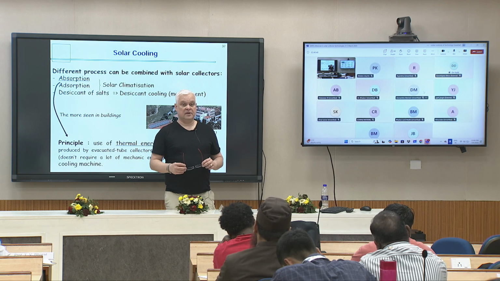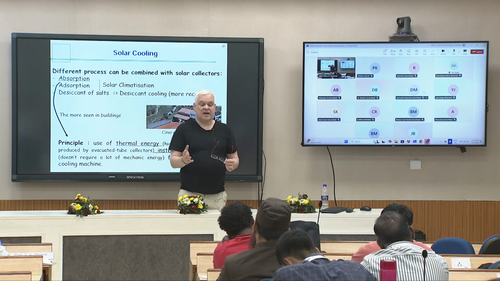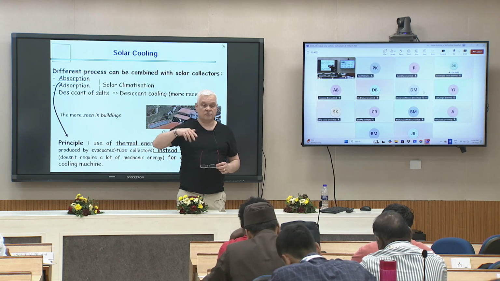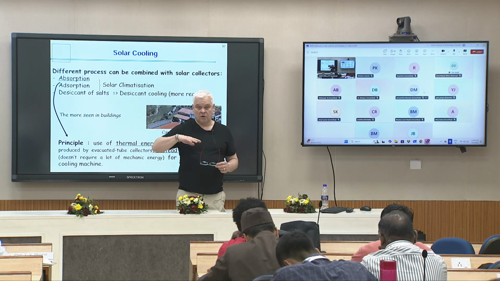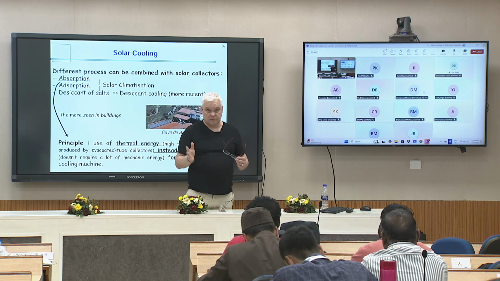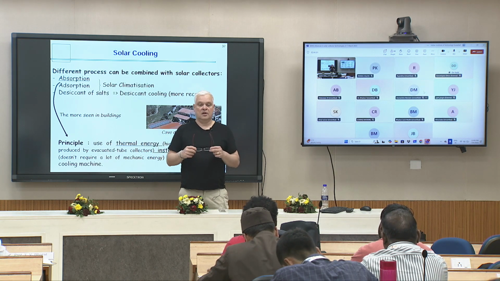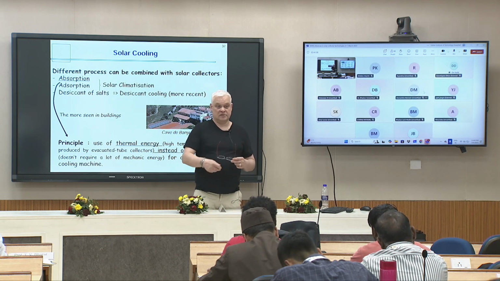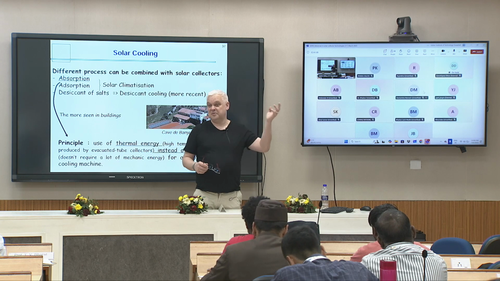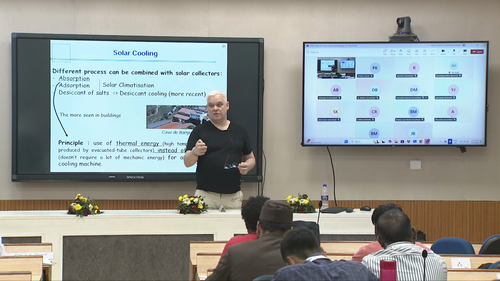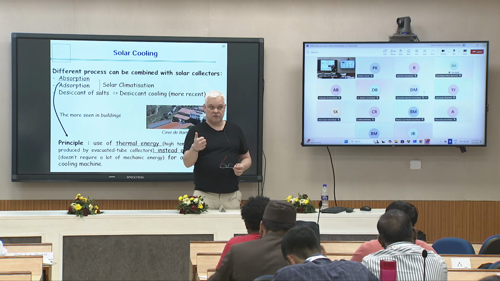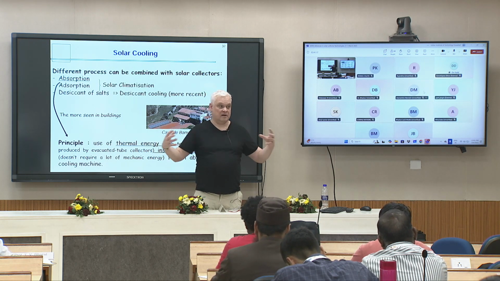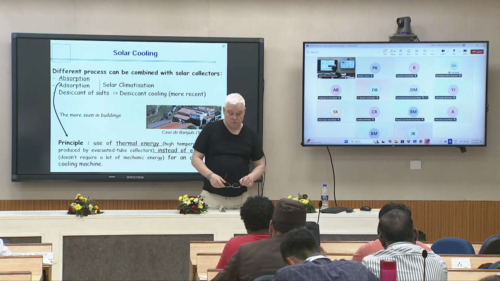It is used, for example, in hot countries to design chambers dedicated to the conservation of medicine, where you need a cool, stable temperature. In a camper van, when you have a fridge and you are not connected to the grid and have no PV on your roof, it was a burner. It was a small burner fridge. So the heat necessary to prepare was brought by a burner.